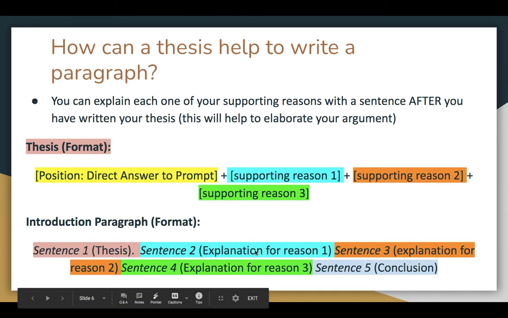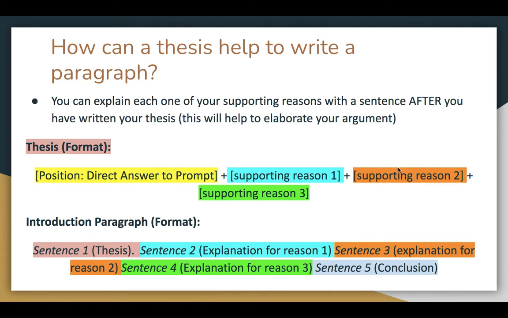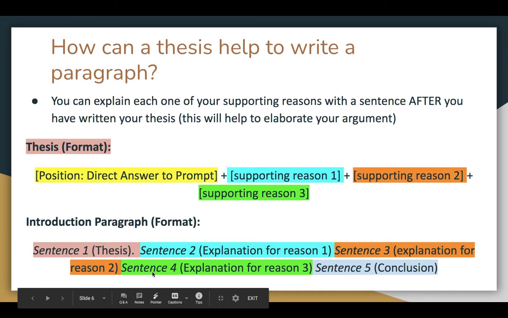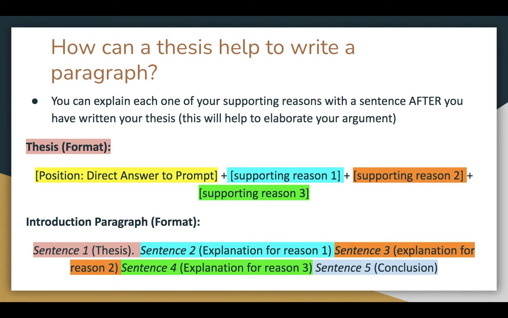So just like with this one, you're going to take this topic and you're going to write about it. And last, you'll do a fourth sentence that is an explanation for this third reason. Lastly, just to add a fifth sentence that will conclude your paragraph, and that's just to make sure you do not end on a rough note.